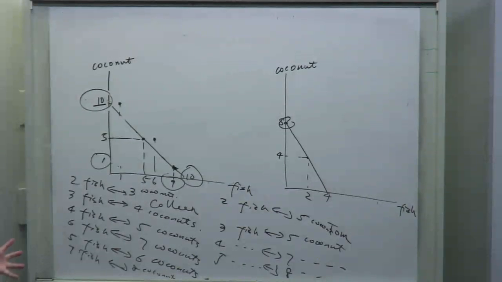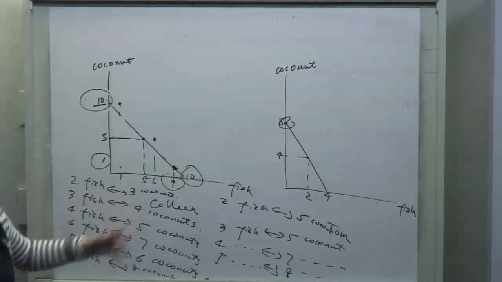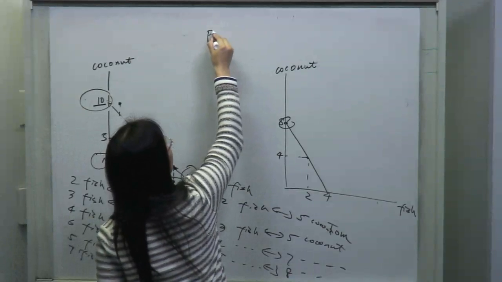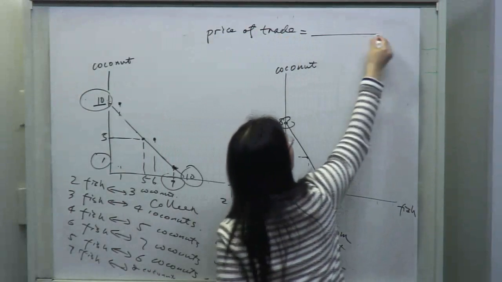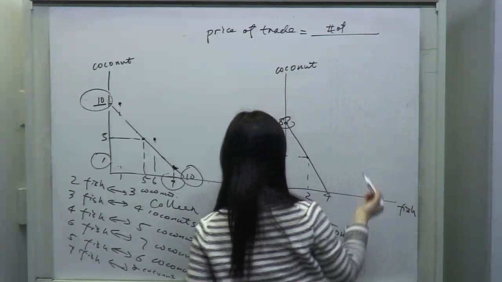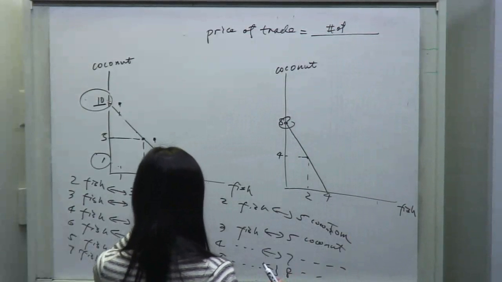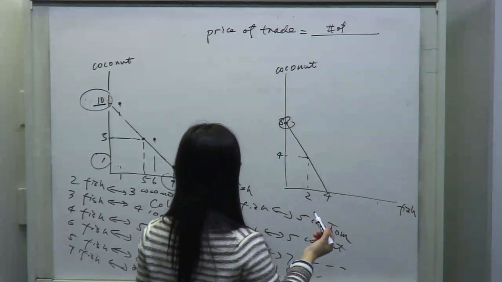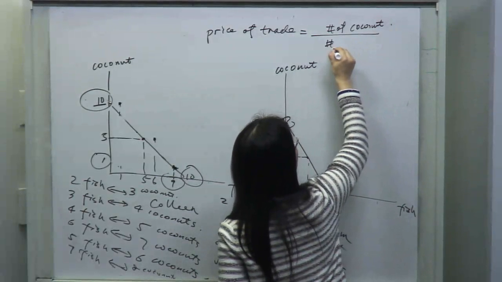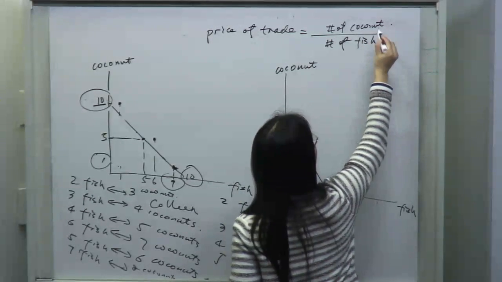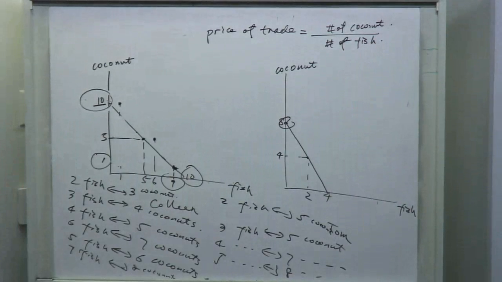So now we see a pattern in this price of exchange. Now let's define this. Let's say the price of exchange, or the price of trade, is equal to the number of coconuts divided by the number of fish. Okay, that's the way we define it.